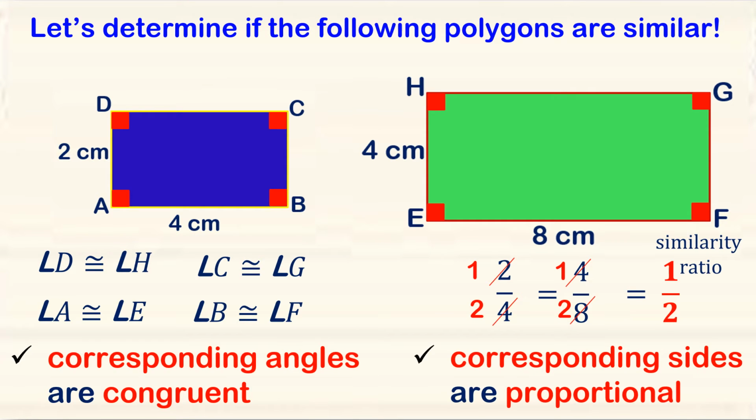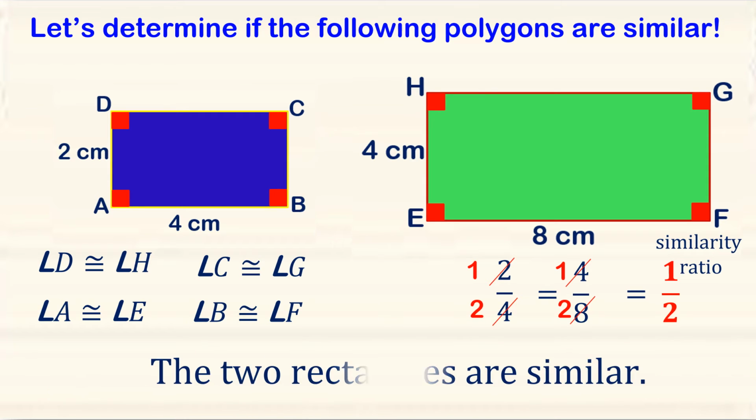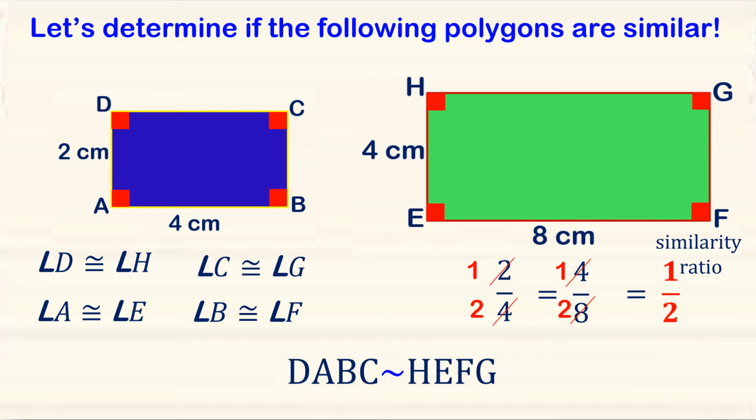Therefore, their corresponding sides are proportional. So we can conclude that the two rectangles are similar, and that rectangle DABC is similar to rectangle HEFG. When you are stating a conclusion, be sure that the order of the angles is in its proper order.